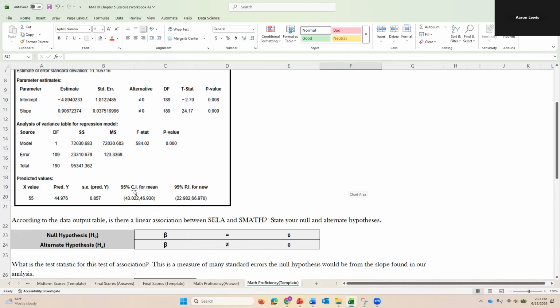So if a school had a 55% proficiency in ELA, we would expect the overall proficiency for the entire school to be somewhere between these 2 points. The point interval that we have over here is for one singular data point. And our data point was going through, we'd be looking for a student. So if a student put up a 55 on a test, what do you expect the range to be for the other test for math? And as you can see, it's much wider.